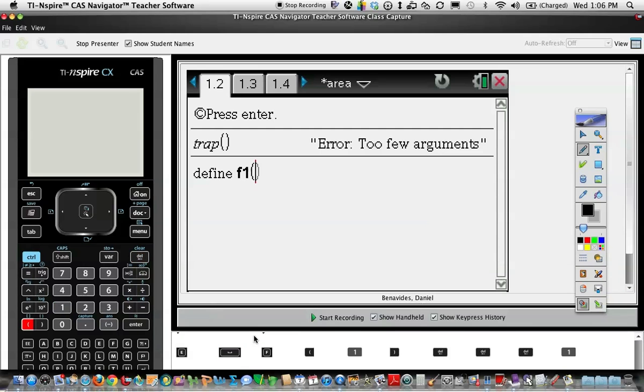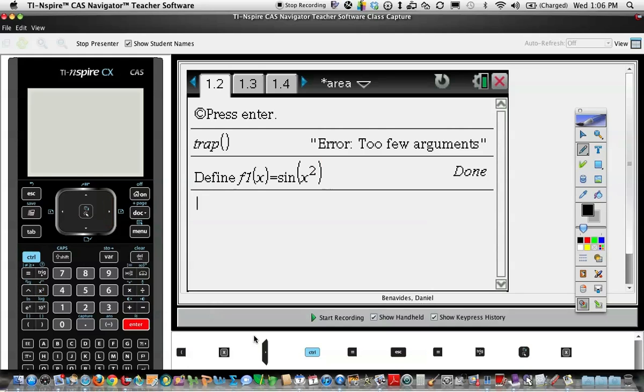Define F1 of X equals sine of X squared. Hit enter. Okay. And now you can type trap, and then what would we type in the parentheses?